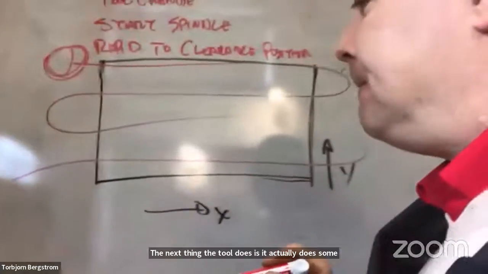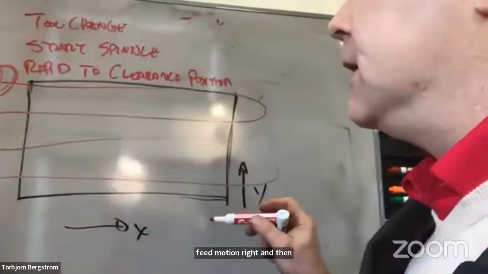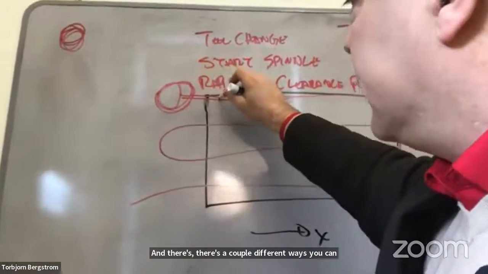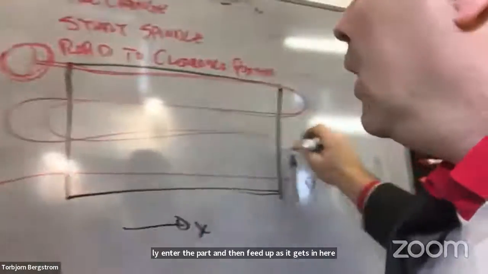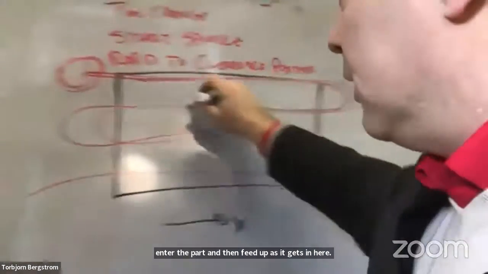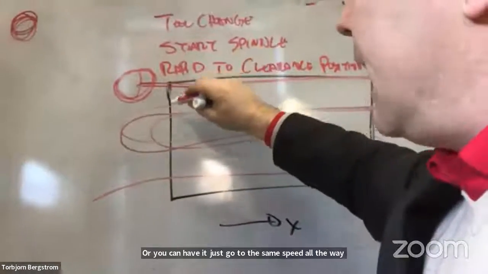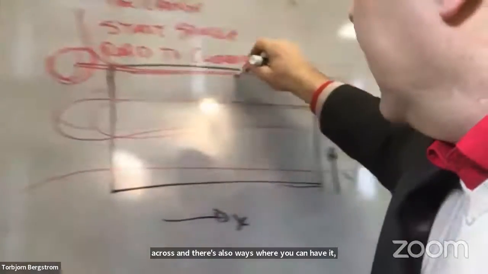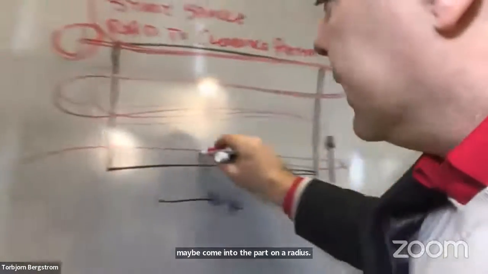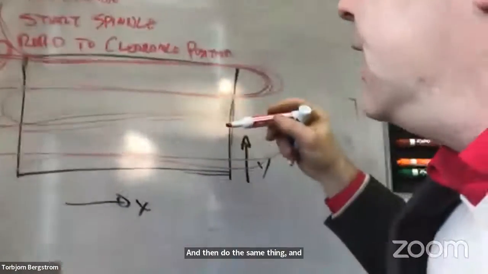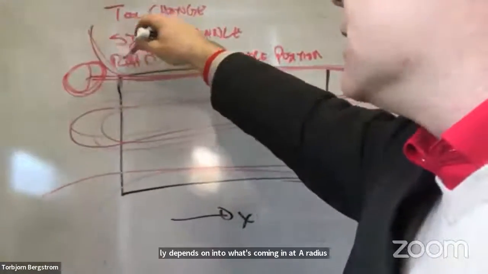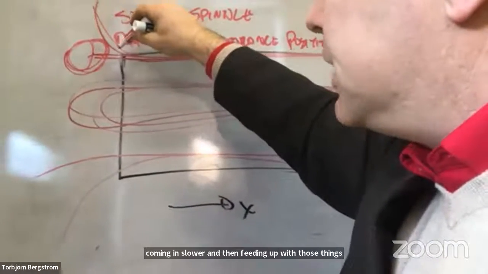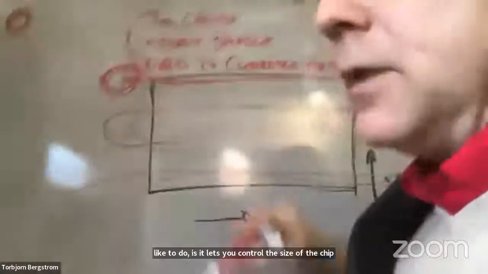There are a couple of different ways you can program this. You can have it slowly enter the part and then speed up, or you can have it go the same speed all the way across. There are also ways where you can have it come into the part on a radius and then come off on a radius. Coming in at a radius, or coming in slower and then speeding up, lets you control the size of the chip as the tool comes in contact with the workpiece.